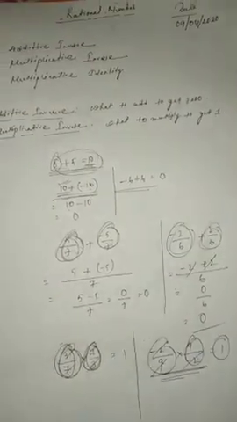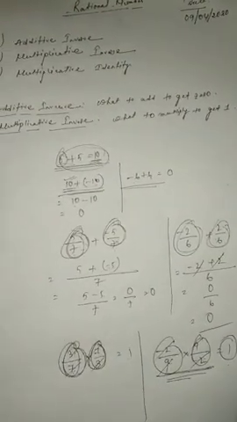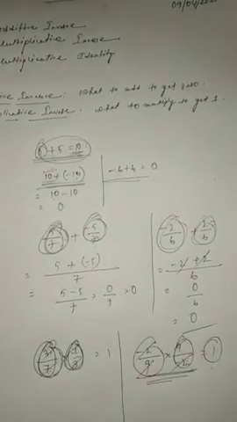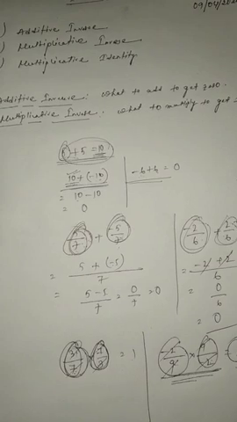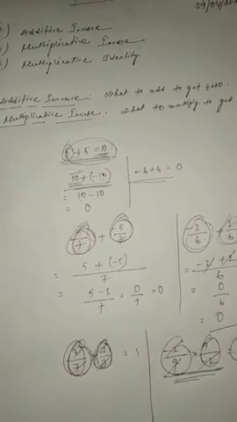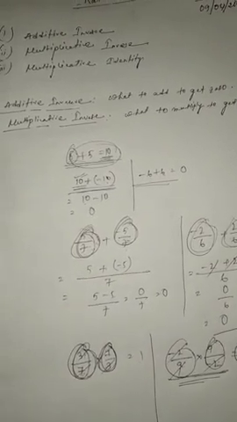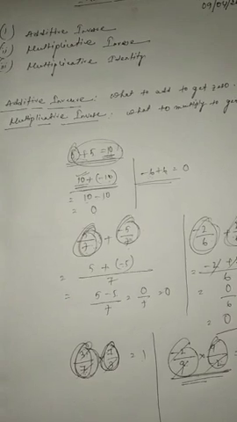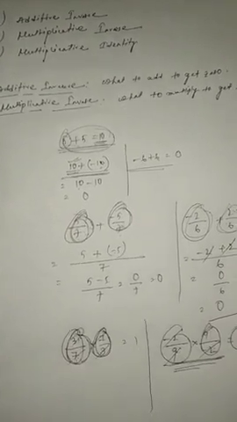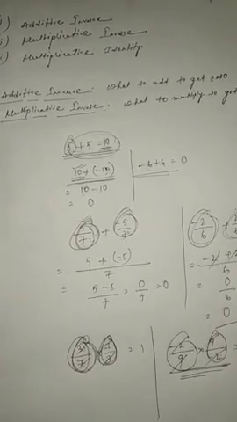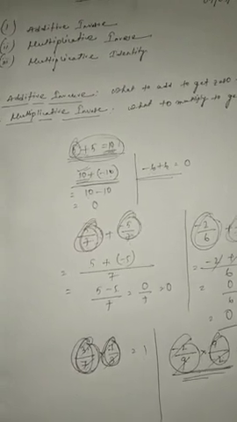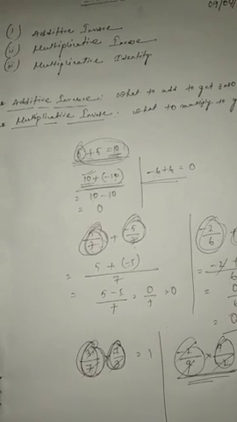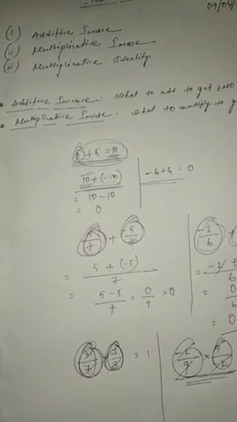Now let's go for multiplicative identity. Children, we have to understand one thing over here very nicely. Multiplicative identity is always 1. If I multiply a number with 1, that number which I've considered will be returned.